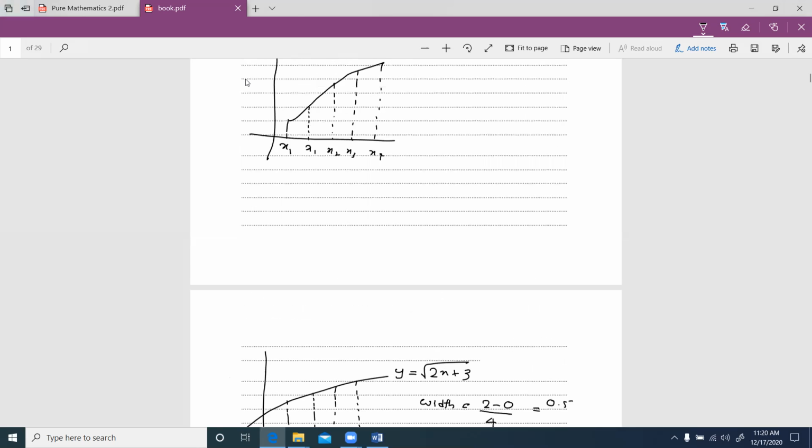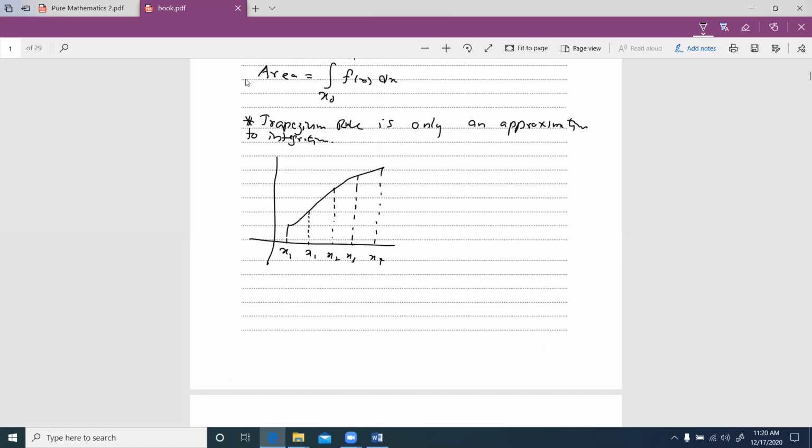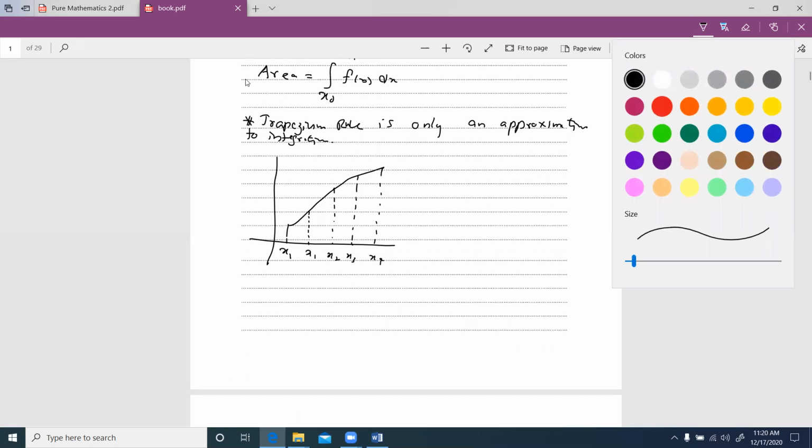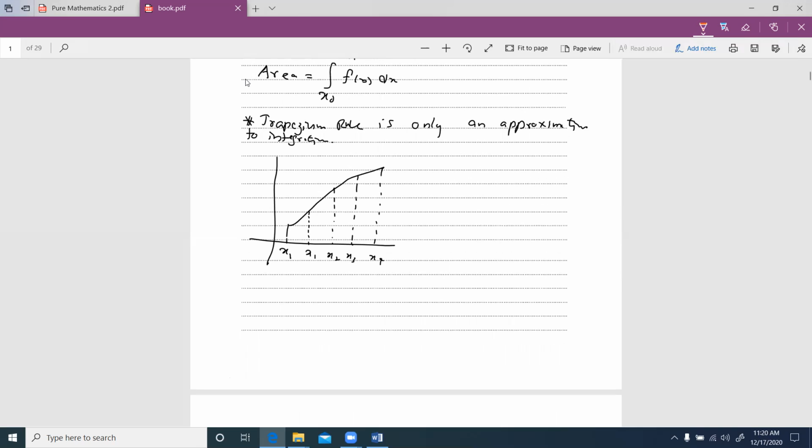Then what you need to do is initially find the areas of the respective trapeziums. What do I mean by the respective trapezium? I just link these points: this one, this one, this one, and this one, like this.